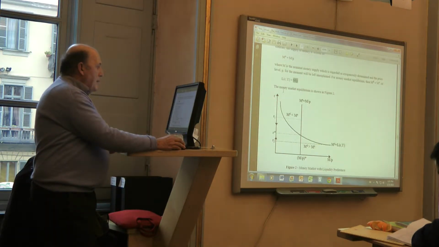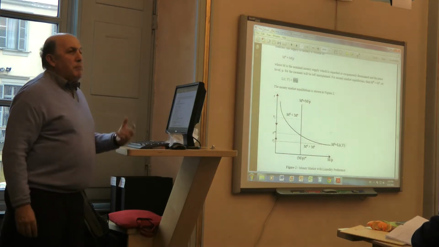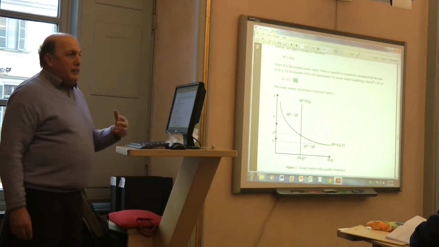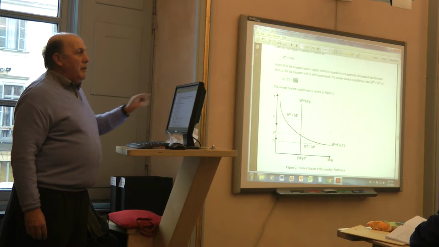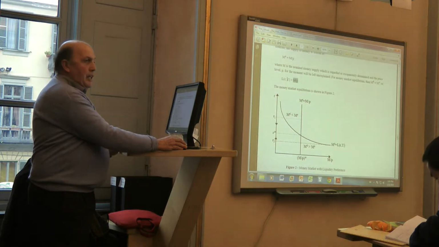So the LM curve is in fact the curve which defines the conditions for the supply of money. The condition of the supply of money depends upon the liquidity preference, L, which is a function of the rate of interest and of income.